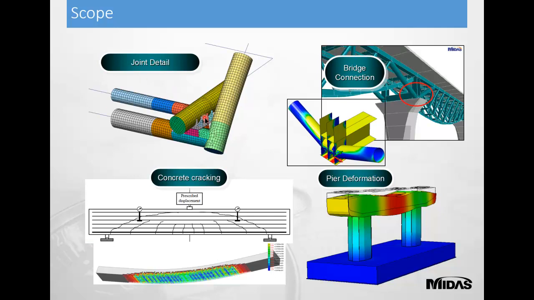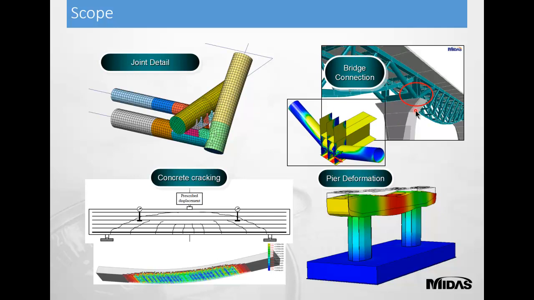Here you can see that beams and girders are connected in a complex way. In frame type modeling, or beam type modeling as we do in MIDAS Civil, this joint is modeled as a node. In that case, we cannot get the concentration of stresses. To get the concentration of stresses in the joint, MIDAS FEA is useful.